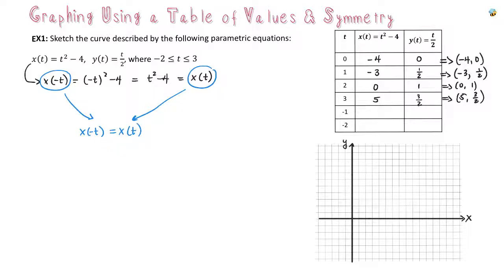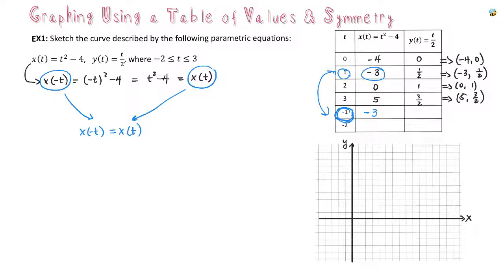That means that immediately I can determine what is going to be x of negative 1. X of negative 1 will be identical to x of 1. The x value will not change when t is 1 or when t is negative 1. So x of 1 was negative 3, that means that x of negative 1 will also be negative 3.